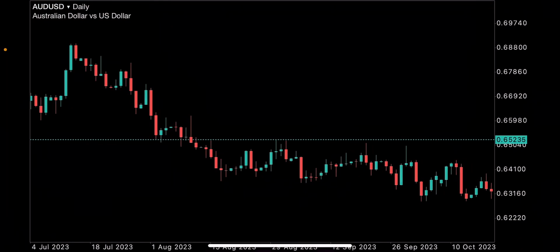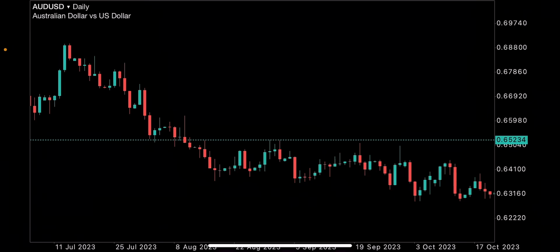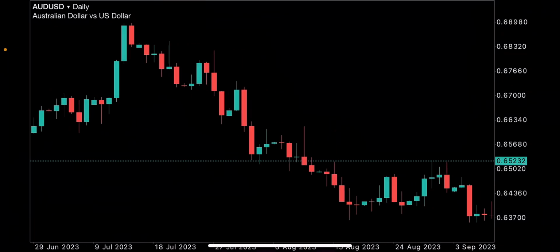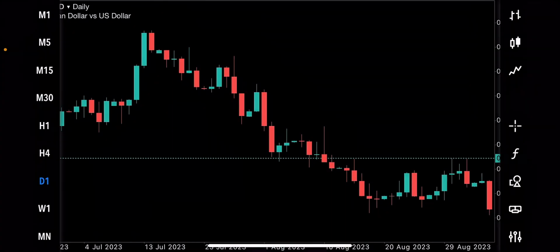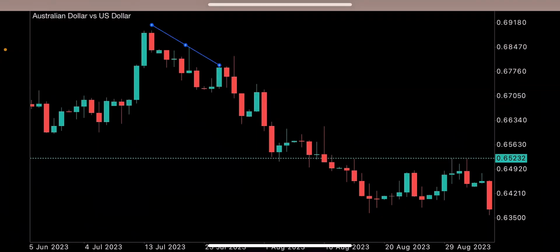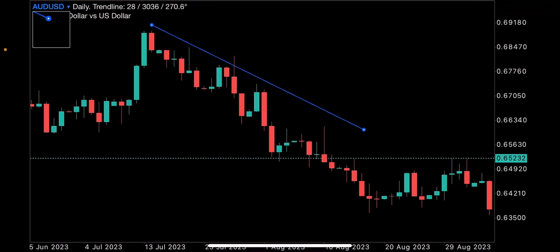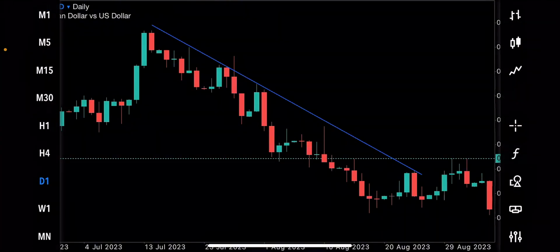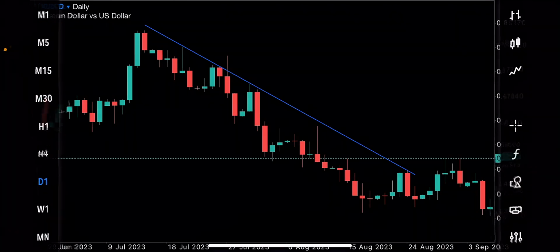Okay, this is the AUD USD chart. Now I've spotted a downtrend right here. Yeah, this is a downtrend. In a downtrend, what are we looking for?